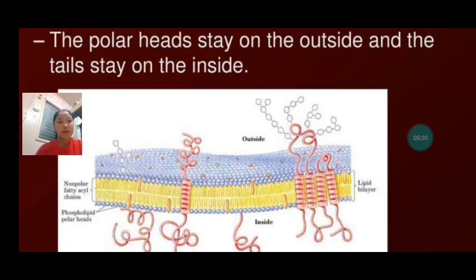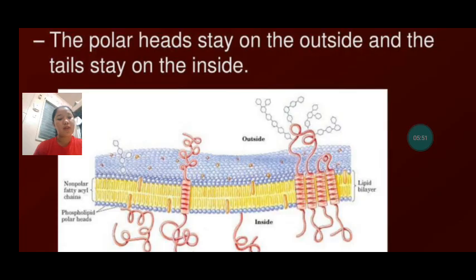The proteins embedded within this layer can either span the membrane, as integral proteins, or be attached to its surface, as peripheral proteins. These proteins play a crucial role in various cellular functions, such as transporting substances across the membrane, receiving signals, and facilitating communication between cells.